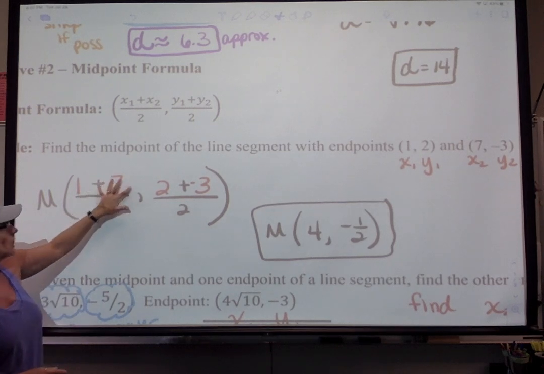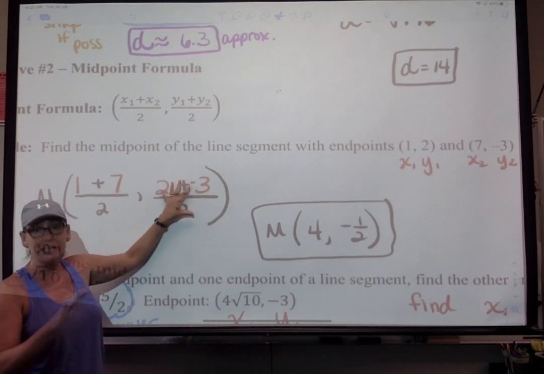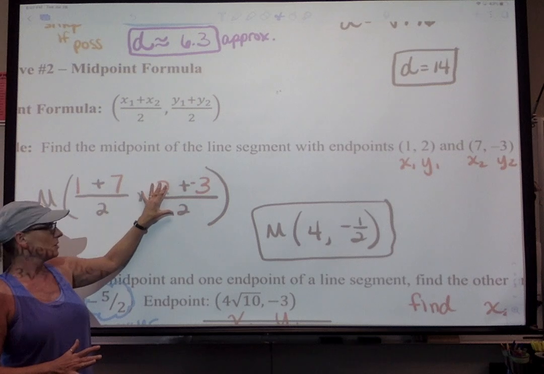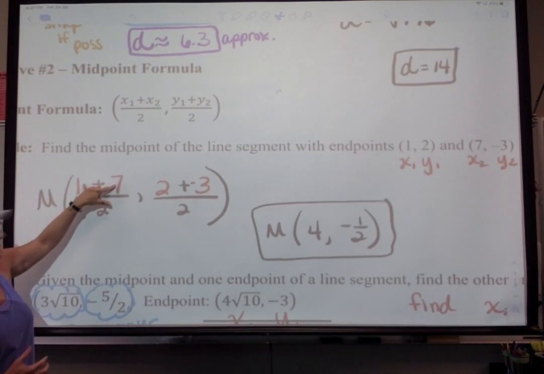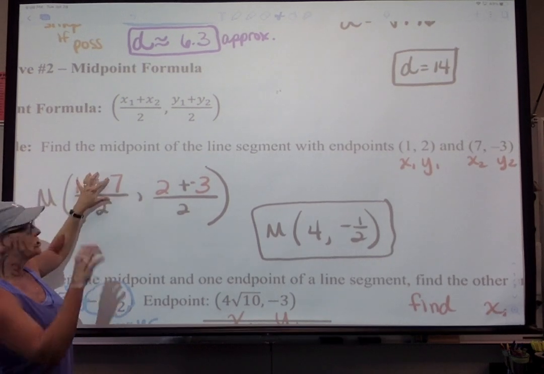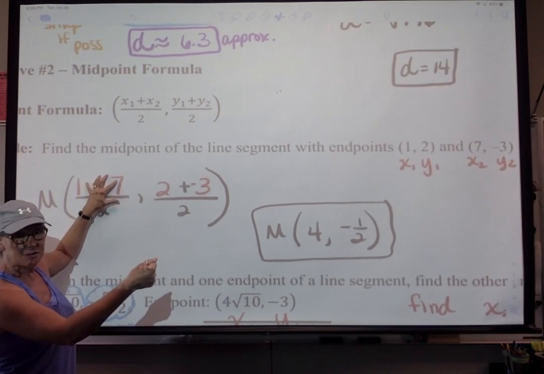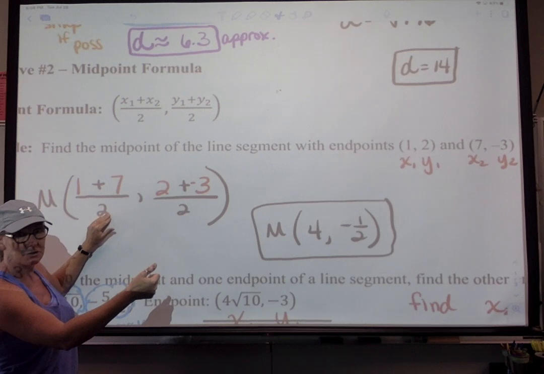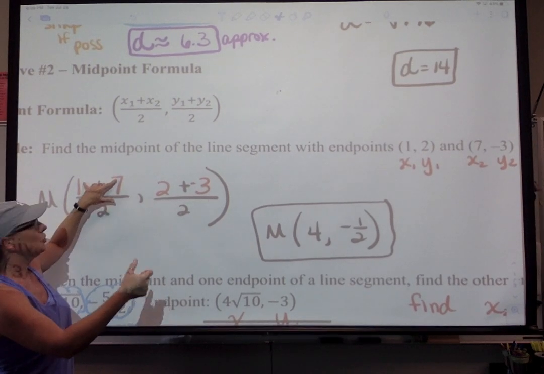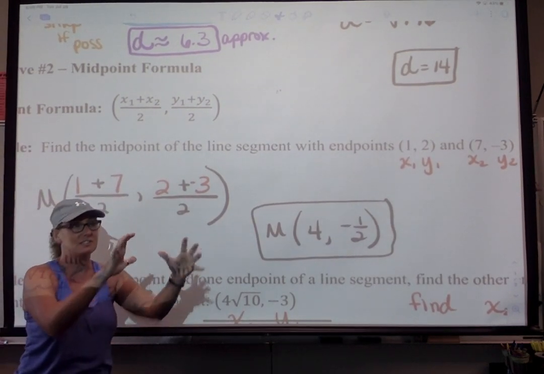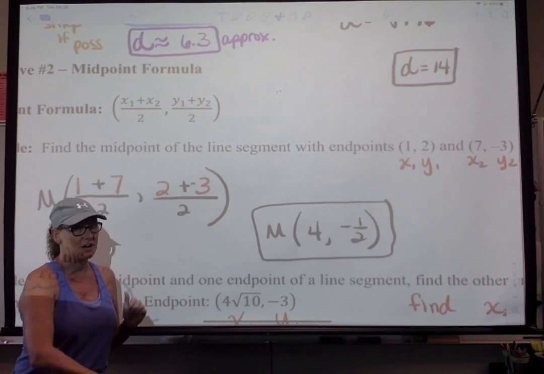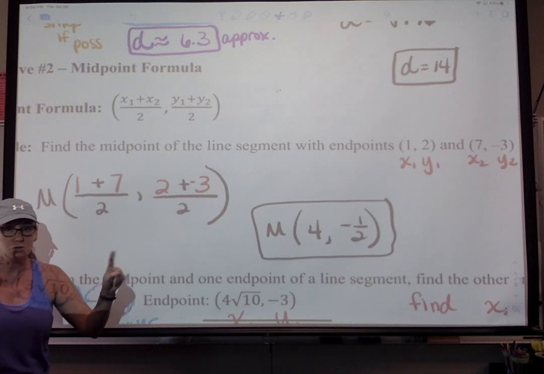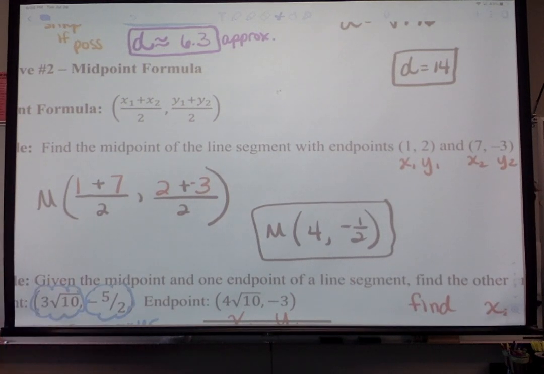So make sure if you need to use a calculator for any of these midpoint problems, hopefully they would be harder than this one, but whatever, make sure you either push equals after your numerator before you divide by 2, or put your numerator in parentheses to tell your calculator, add these first, then divide. You need to be smarter than your calculator.